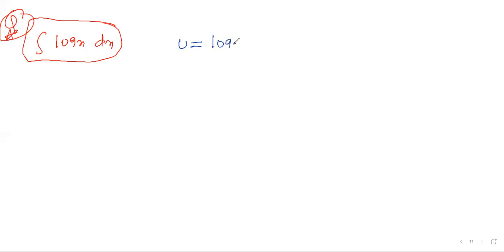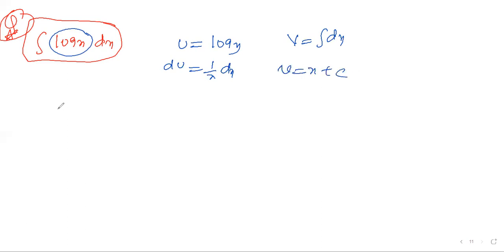Integration of log x dx is one separate question, an extension of the given question. You should work on this similarly. Here you can take u is equal to log x, then v is integration of dx. Next, du by dx is 1 by x, so du is 1 by x dx, and v is x plus c. This working is uv minus integration of v du.